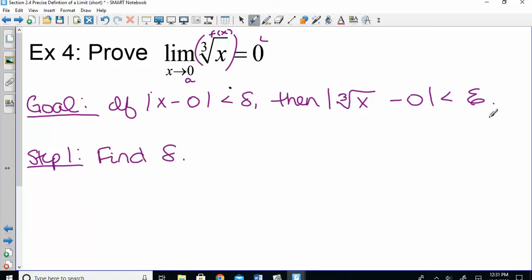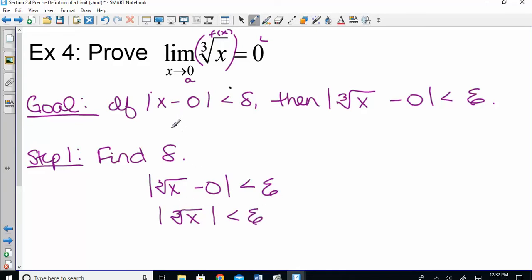And I told you to get it from the second part. So if we have the cube root of x minus 0 is less than epsilon. Well, what is the cube root of x minus 0? What's anything minus 0? The same thing. Oh, that's what you're asking. I'm trying to get x minus 0 in here.